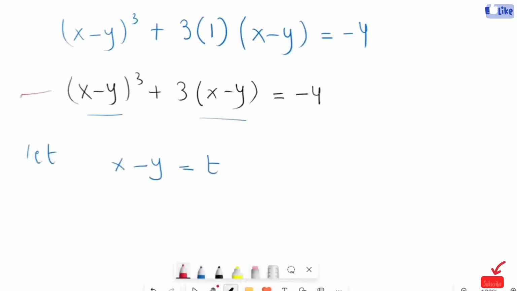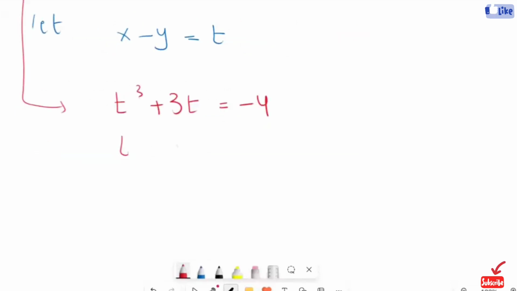So this equation turns to t³ + 3t = −4. Now next I'm going to take this −4 to the left-hand side: t³ + 3t + 4 = 0.